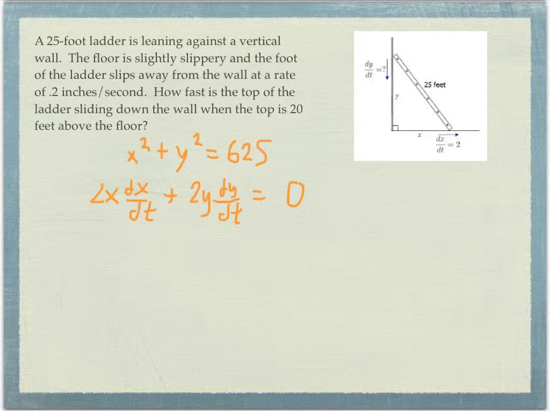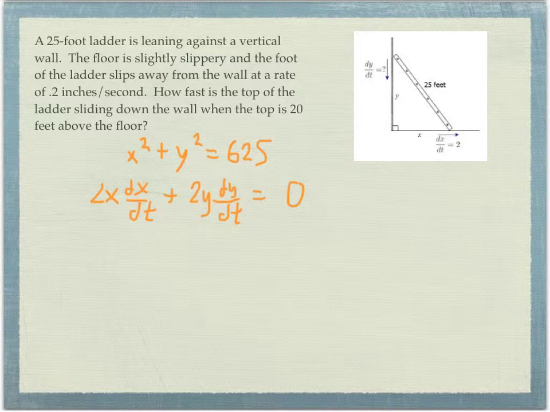So I know that when y is 20, then I can probably figure out also what x is in this case. Now what I'm really trying to find is how fast it's sliding down the wall. So I'm really trying to solve for this dy over dt. Plus the problem does give us this dx over dt as well. So let's just see if we can plug in all those values here.